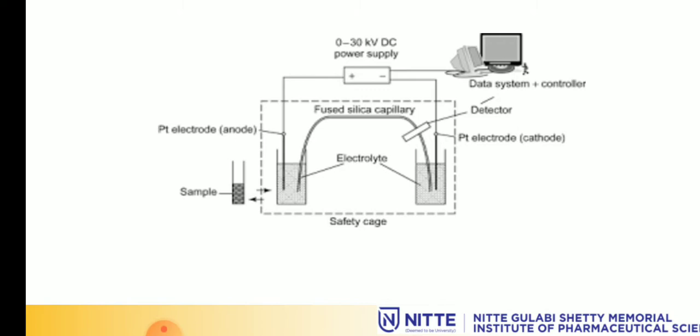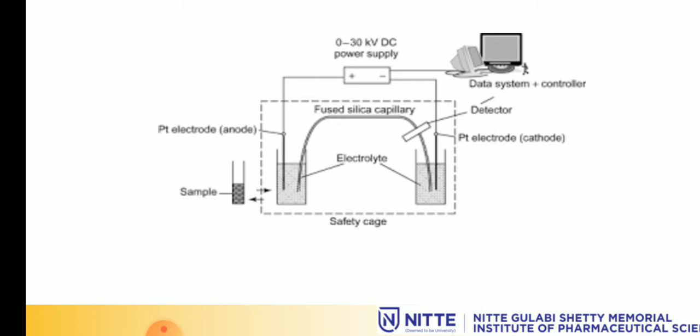You have to look at the two electrodes, one positively charged and the other negatively charged. One is called the source vial, and the other is called the destination vial.